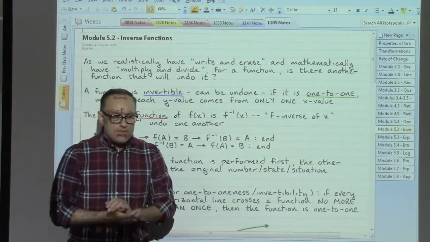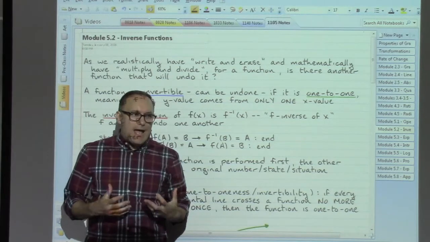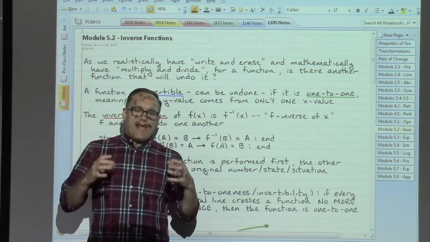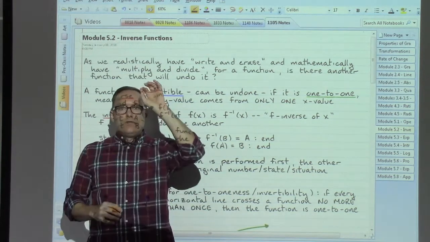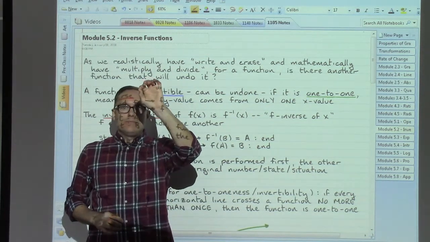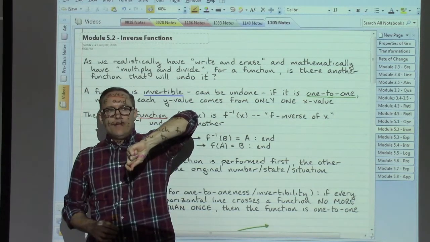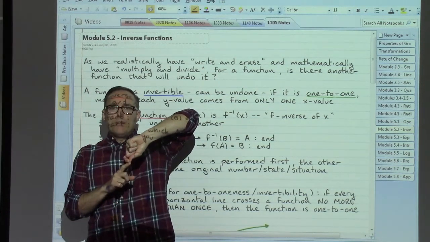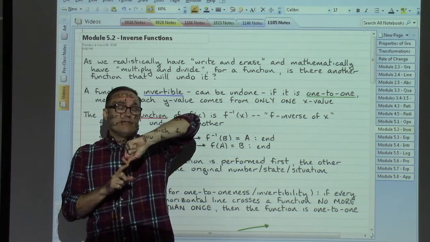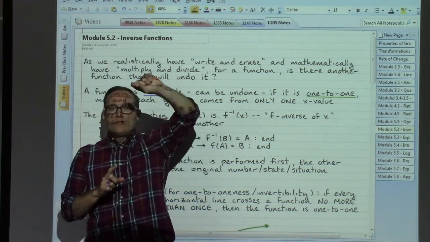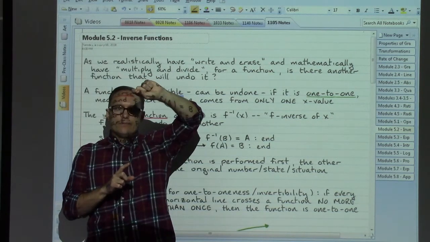You can think of these functions as, are they half of a circle? Can I start with a number, apply a function f, take that new number, apply some new second function that will always return me to that original value?